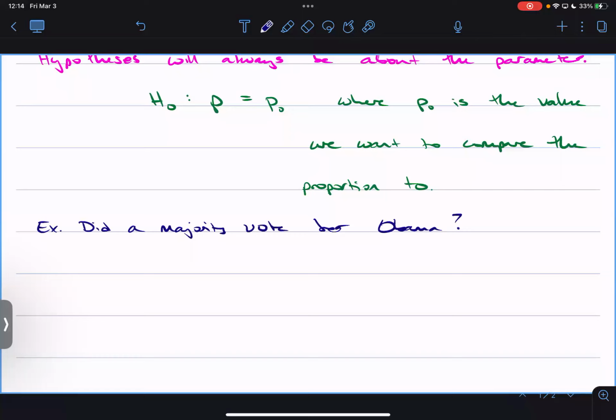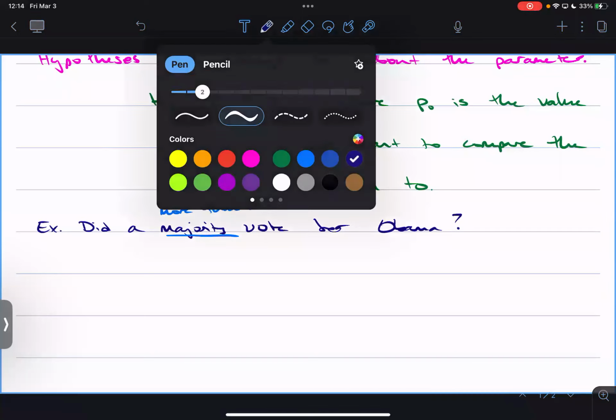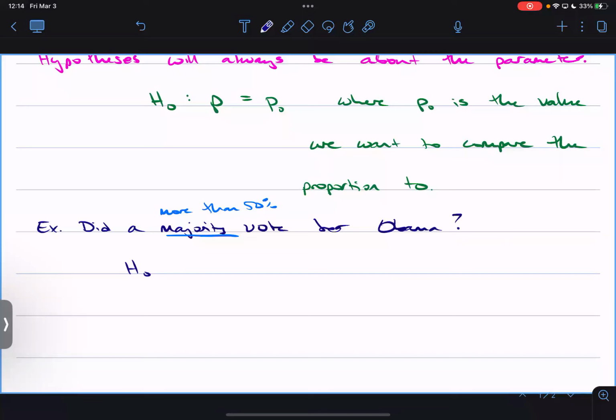Majority means more than 50%, right? So here, the value I want to compare to is this 50% or 0.5 as a proportion.